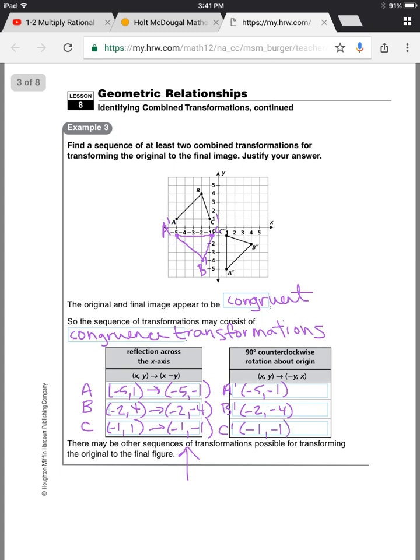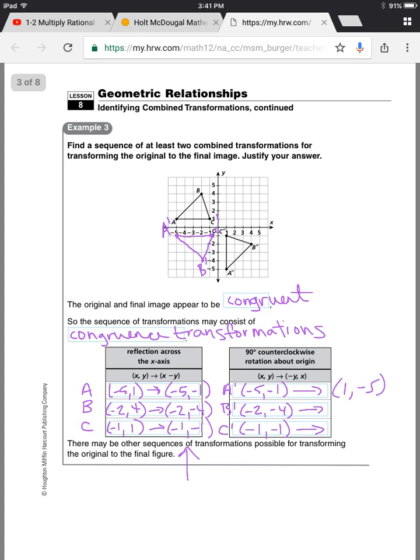Okay? And then we're going to get our A double prime, B double prime, and C double prime coordinates. And we get those simply by flipping our prime coordinates and flipping the y to its opposite. So, our y right now is -1, so it's going to be 1, and we put that in first position, followed by our x.